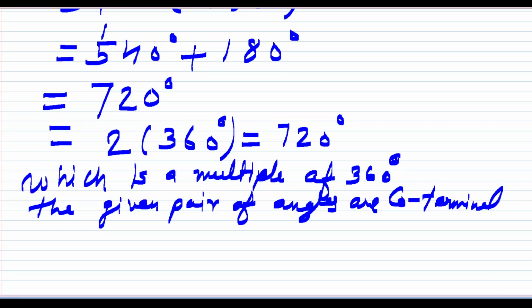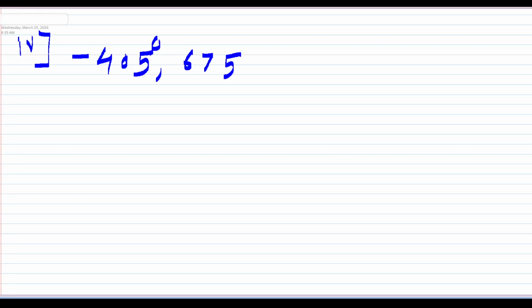Next example, example number 4, that is minus 405 degree and 675 degree. So always subtract the smaller angle from the bigger angle.